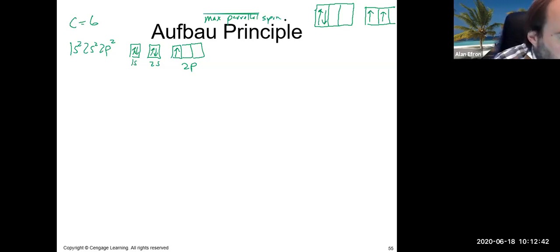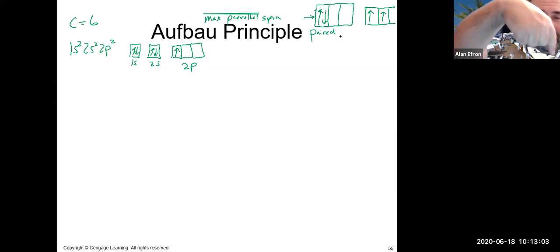So what does parallel spin really mean? When we put 2 electrons in the same orbital heading in opposite directions, like we did in the 1s or the 2s, that arrangement is what is known as paired spins.